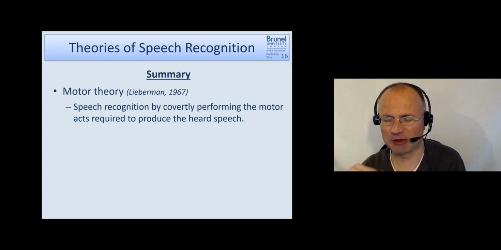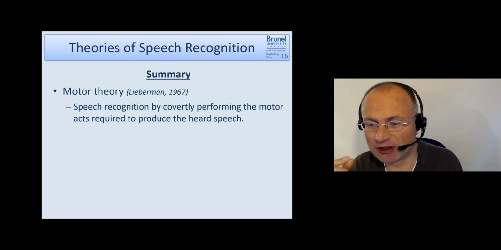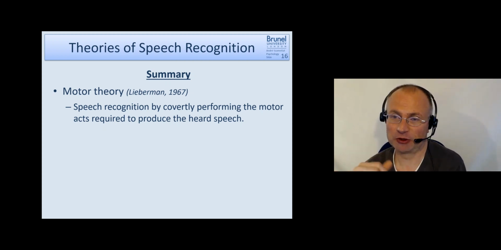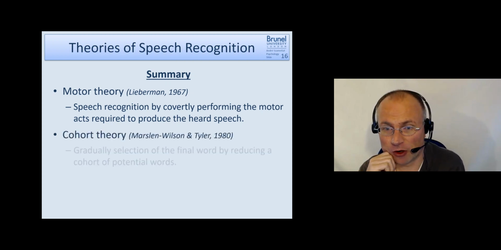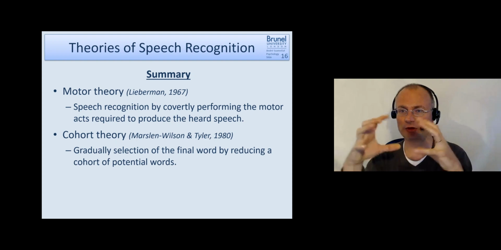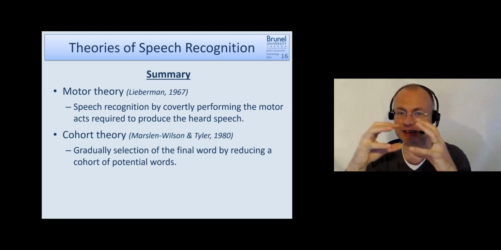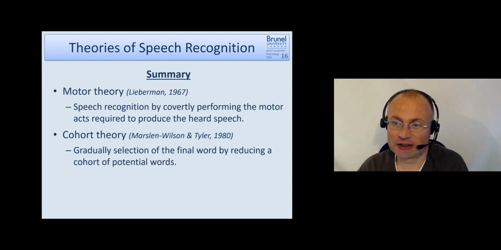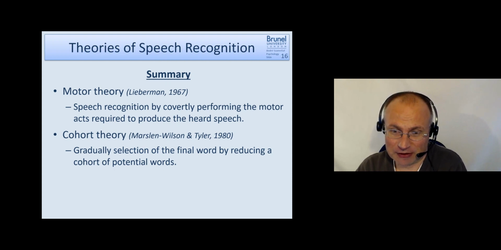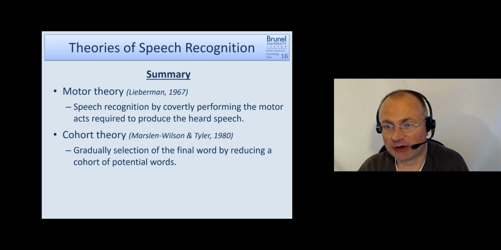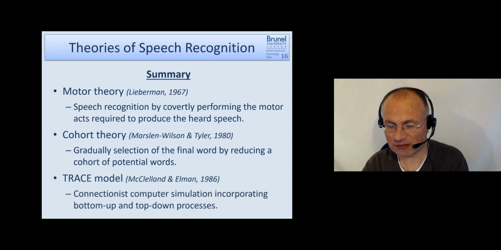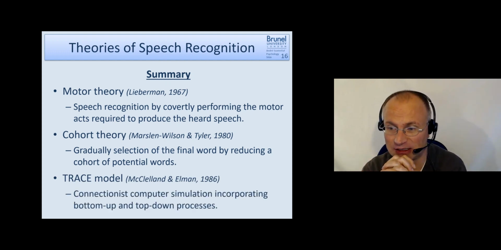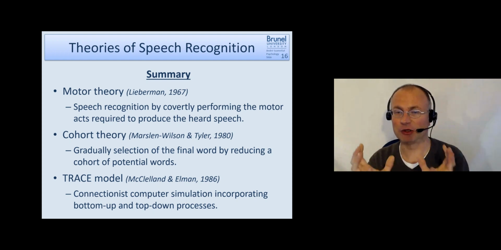By saying, okay, because I had to produce that phoneme, the other person must have said that phoneme. We have the cohort theory, where we start with a large cohort and then gradually reduce that until the recognition point where we have the final word selected. And we have the TRACE model, which is a connectionist computer model and simulation, which nicely integrates these bottom-up and top-down processes.